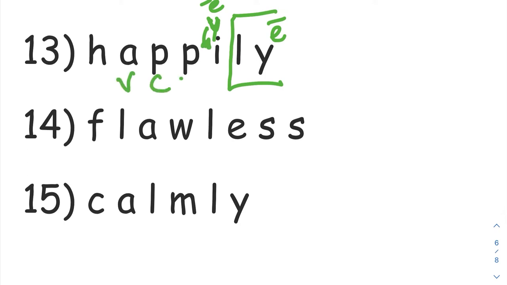Number 13. Once you bracket off our suffix, you'll see that while I'm making a long E sound, the word ends with an I. But if you remember, in our base word it is a Y that makes the long E sound. And then what we did was change the Y to an I to add our suffix there, okay? So once we code our base word, you'll divide in between the consonants.